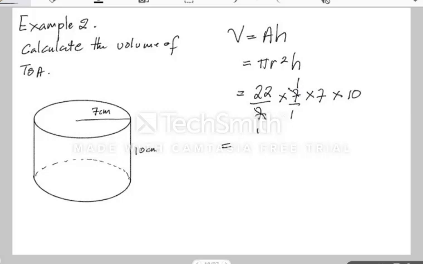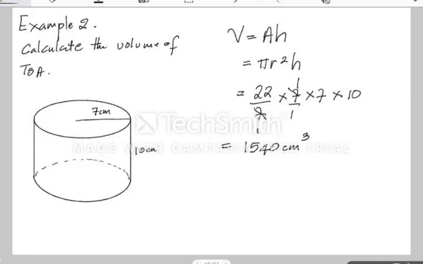So my answer is going to be 22 times 7, which is 154, times 10. The answer is 1,540 centimeters cube. All right. So the unit of volume is millimeters cube, centimeters cube, meter cube, or kilometer cube.